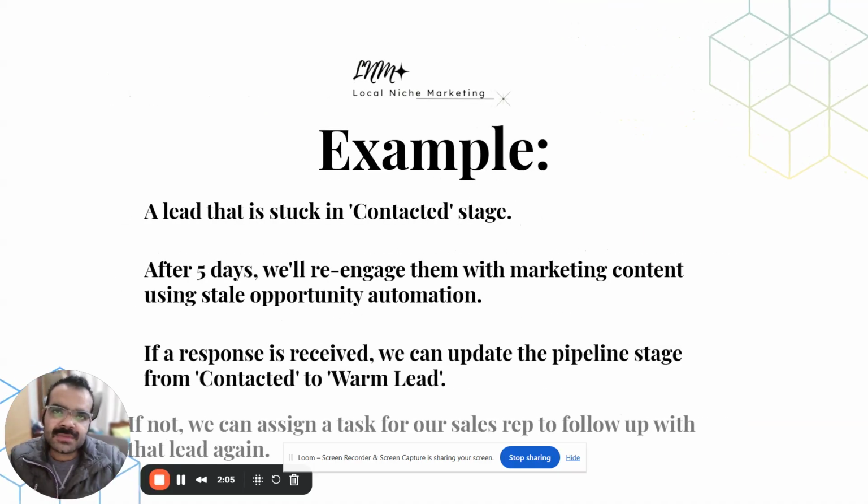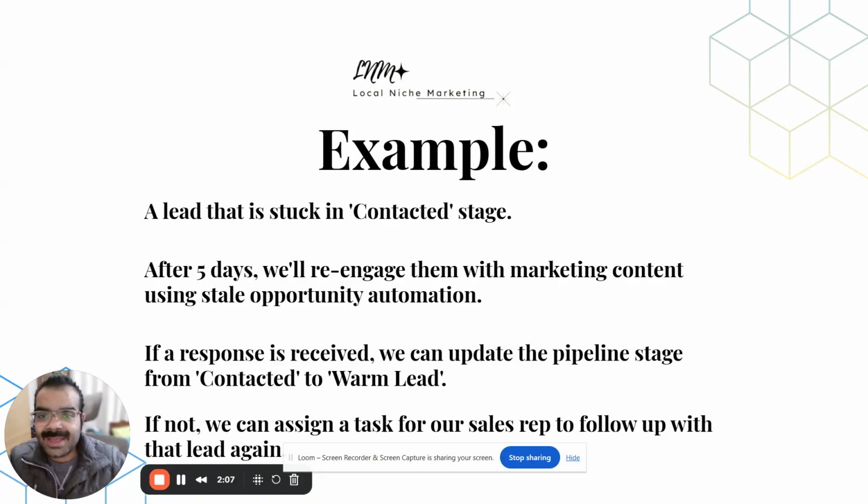Now, in this video, we are going to do an example where a lead is stuck on a contacted stage. And after 5 days, we want to re-engage with them with our marketing content, and then try to get an appointment booked with the help of this re-engaging content.